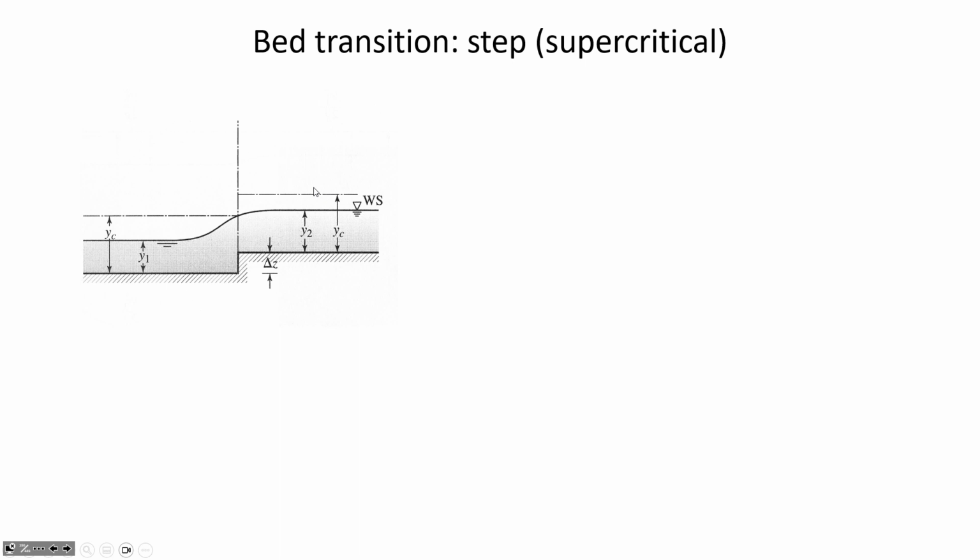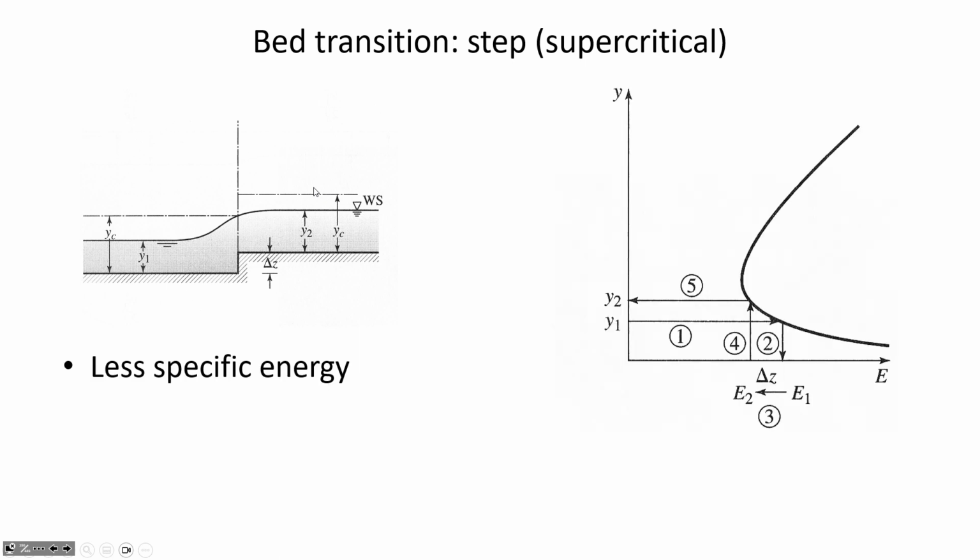Let's take a look at the specific energy diagram just to convince ourselves of why it's going to be getting deeper. So here's our specific energy diagram. Starting at y1, which is the original depth upstream, we go over, find the point of intersection with the specific energy curve, and go down to find the intercept with the x-axis. This is how much specific energy we have at 1.